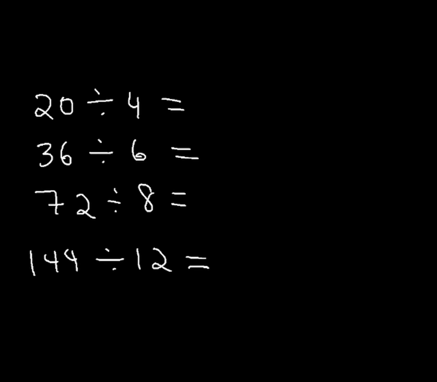So 20 divided by 4 is 5, because 4 times 5 is 20. Since 6 times 6 is 36, 36 divided by 6 is 6. Now 8 times 9 is 72, so 72 divided by 8 is 9. And since 12 times 12 is 144, 144 divided by 12 is 12.